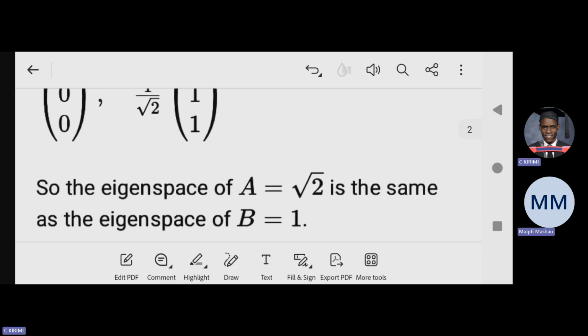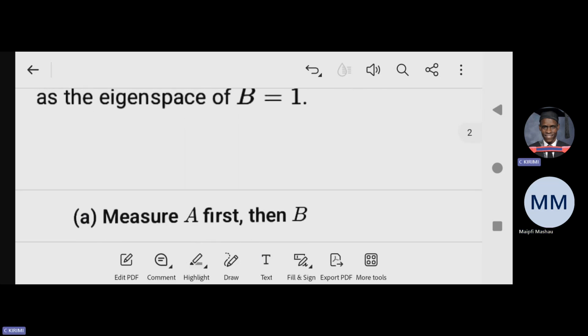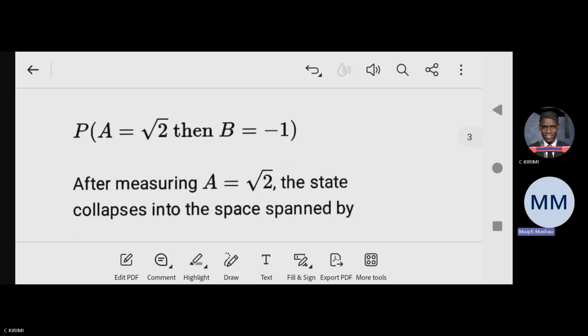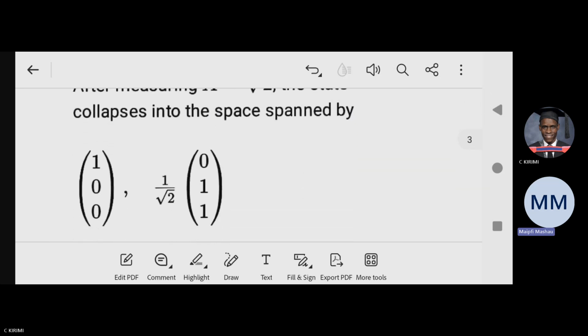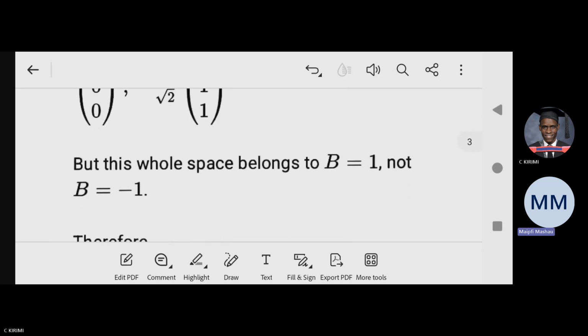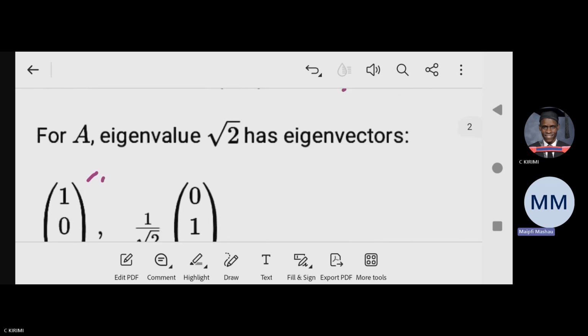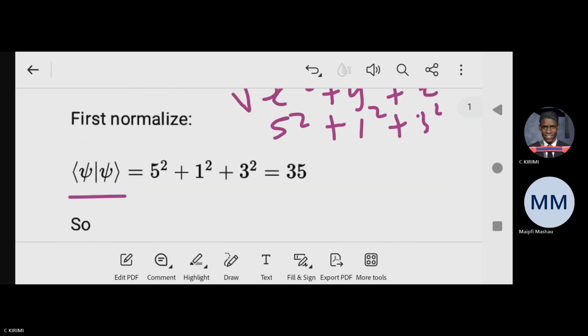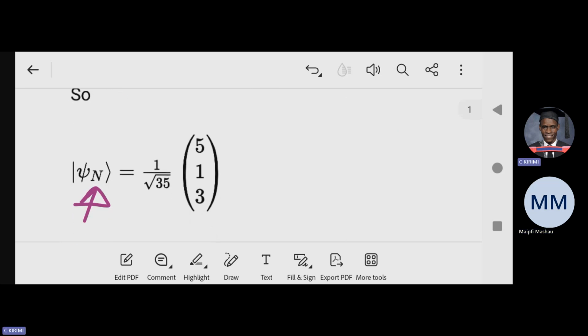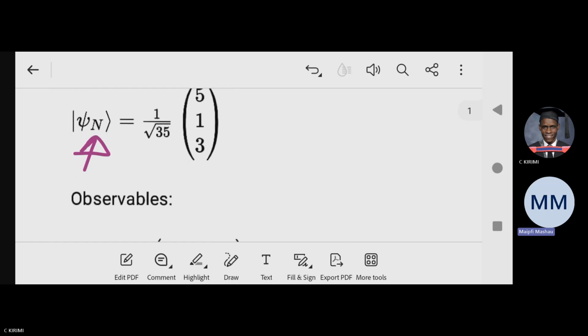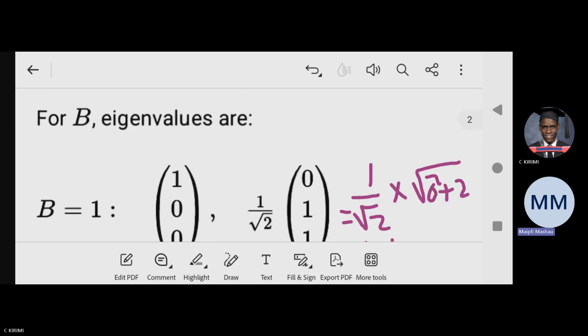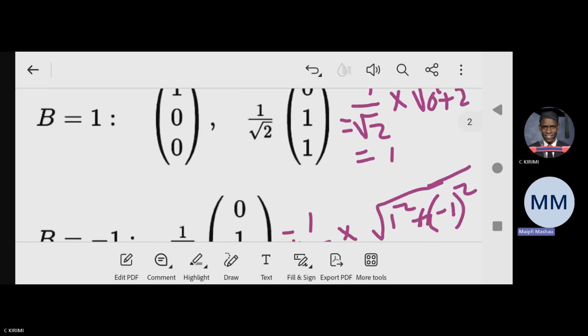We normalized, yes. And then when we normalized them, we found the value of square root of 35. Then this one, yes, and then you put it beside the eigenvectors. And then we moved to number B.